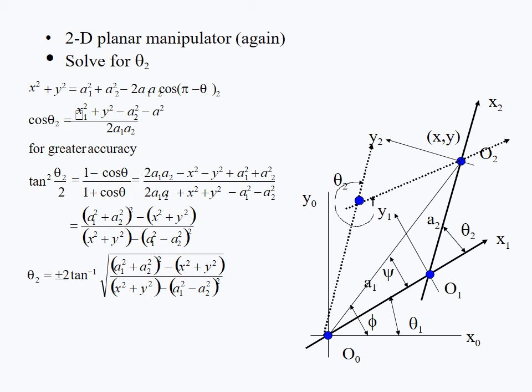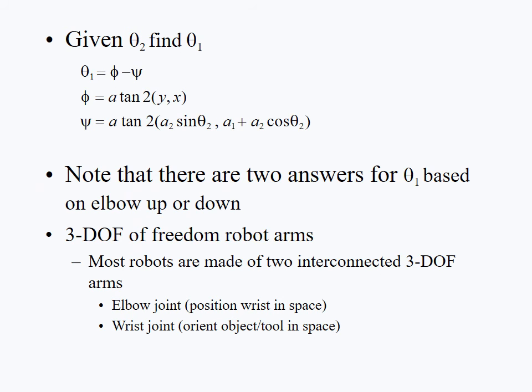Using theta 1 and theta 2, we define the end effector, that is, which position we can move to. That is defined by the accuracy of the inverse kinematics. We are finding the values with respect to theta 1 and theta 2. Note that there are two answers for theta 1, based on elbow up and elbow down.